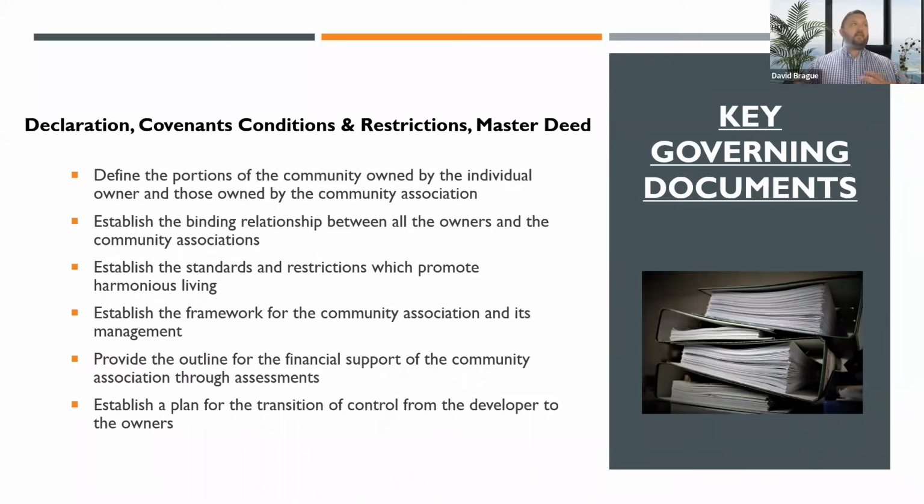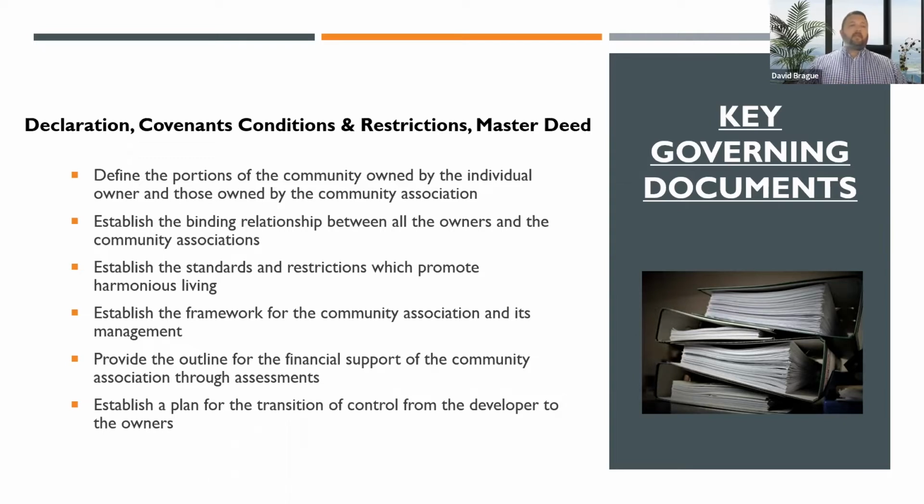This helps define who's responsible for what parts of the community. It also establishes the binding relationship between all the owners and the community association. They establish the standards and restrictions which promote harmonious living, such as your rules and regulations. And they establish the framework for the community association and its management.